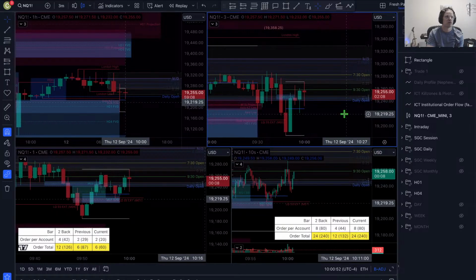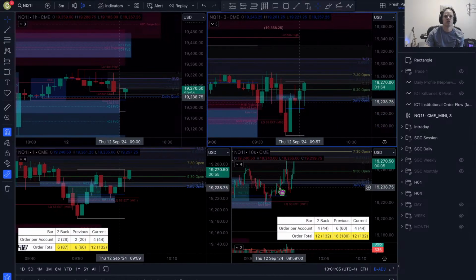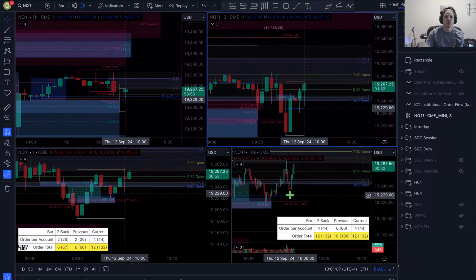Effectively, that could have been the entry right there, that sweep of those S10 levels and the daily open again. Right, so the close up here could have been the trade.